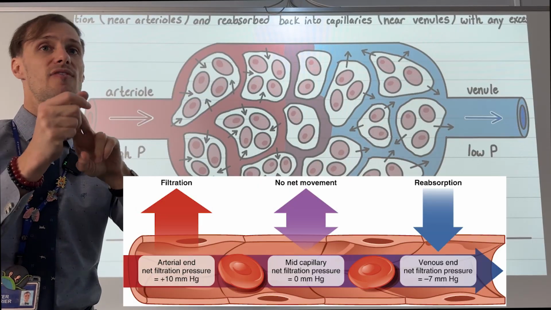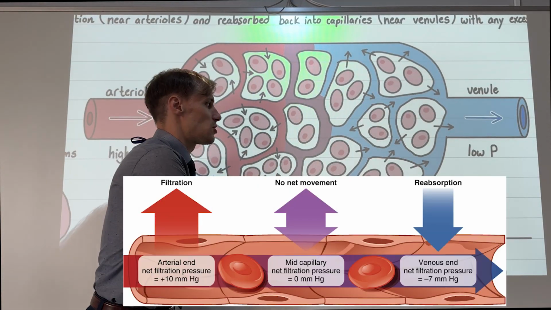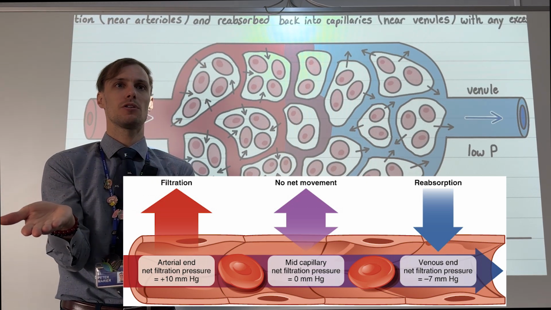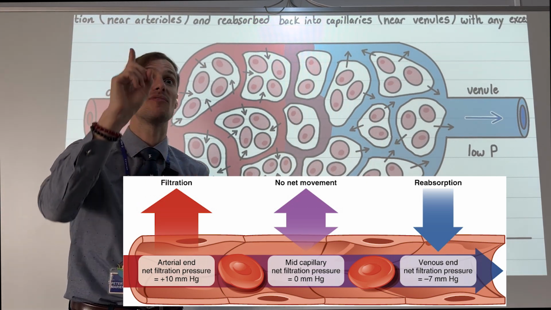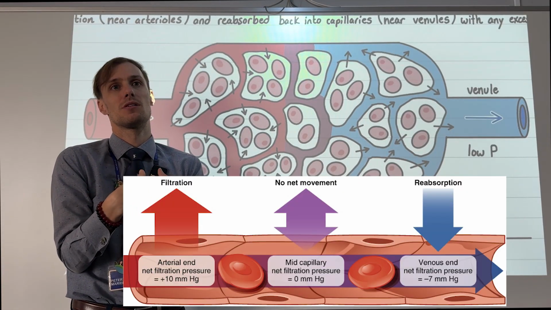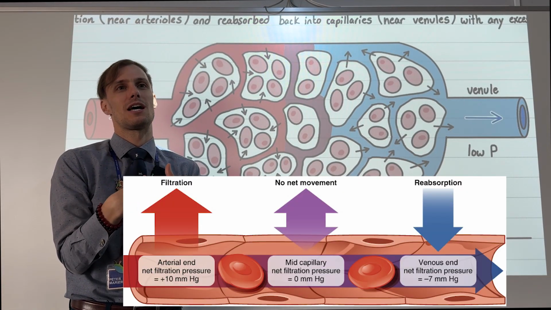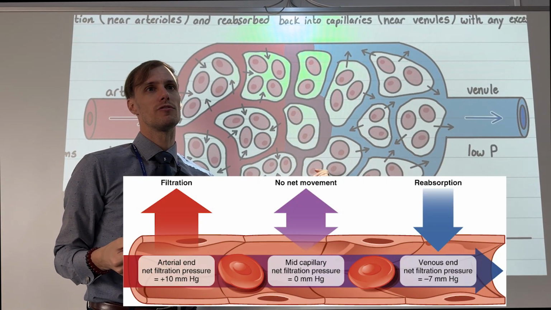However, there's another factor to consider. What happened to the solute potential within the capillaries? Well, we've lost all that other stuff in the plasma, but we've kept all of the proteins. We've kept all of the cells. So the solute concentration is actually higher inside the capillaries than in the tissue fluid.